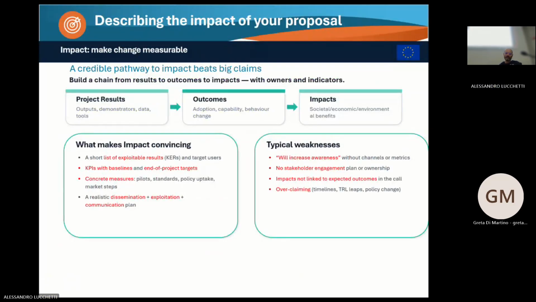Impact. Okay, here I reported the difference between the results and the impact. Results: output, demonstrator, data and tools. Outcome: adoption, capability and behavioral change. Impact: what is the social, scientific and economic impact of your project?